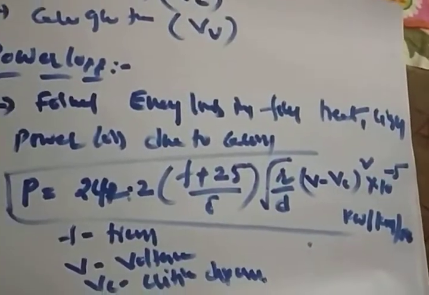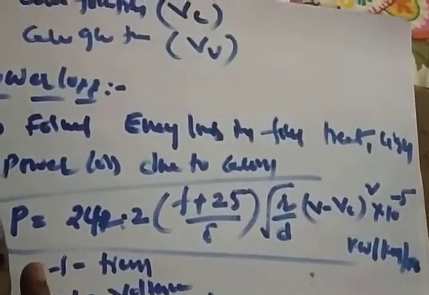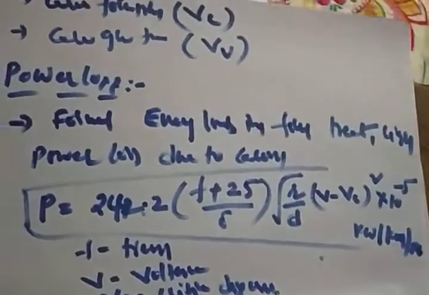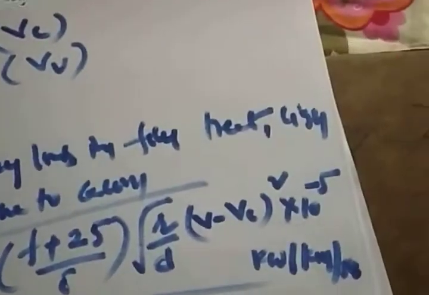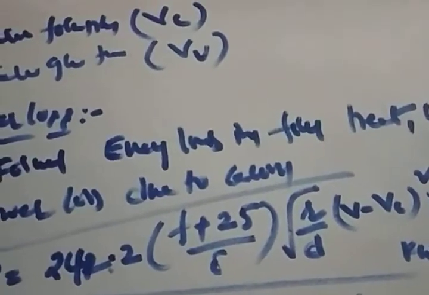So we need to avoid these types of effects in the transmission system, protecting other communication systems around the conductors. I hope it's clear. So this is about the power loss.